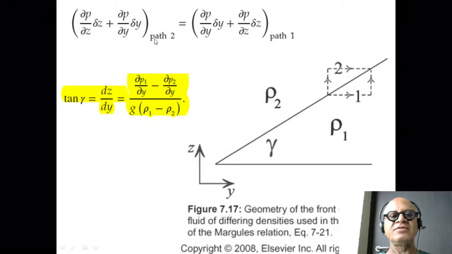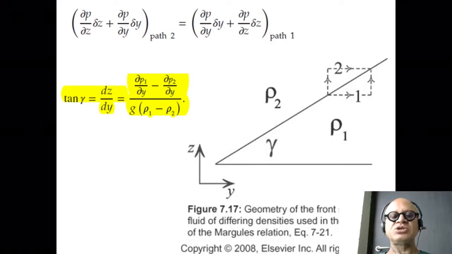So you can take the difference and write delta z and delta y as dp1/dy minus dp2/dy divided by g times rho 1 minus rho 2. Okay, so we used our hydrostatic relation as well.